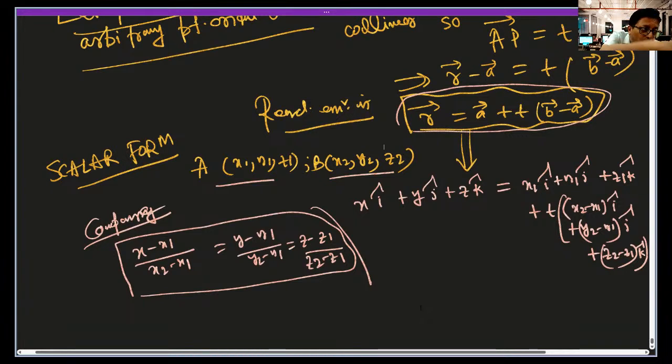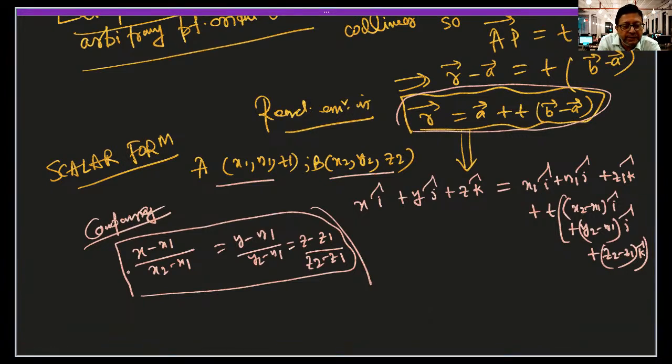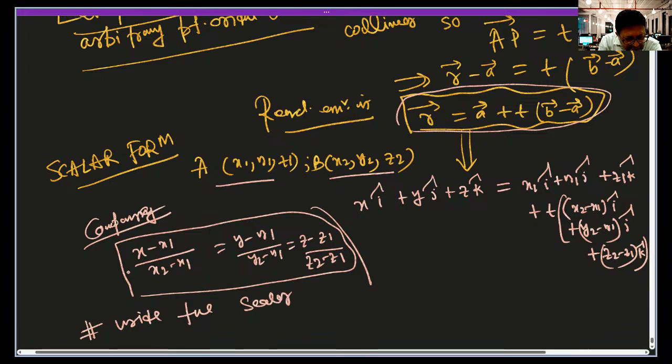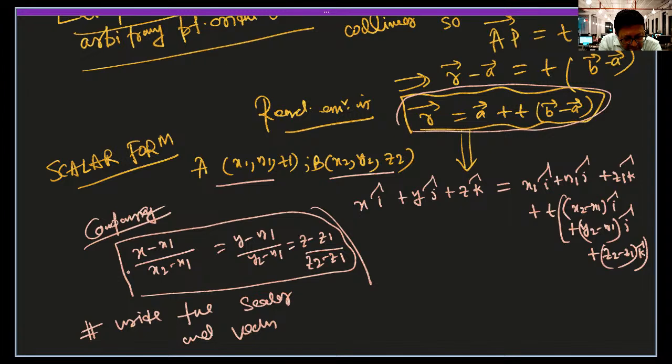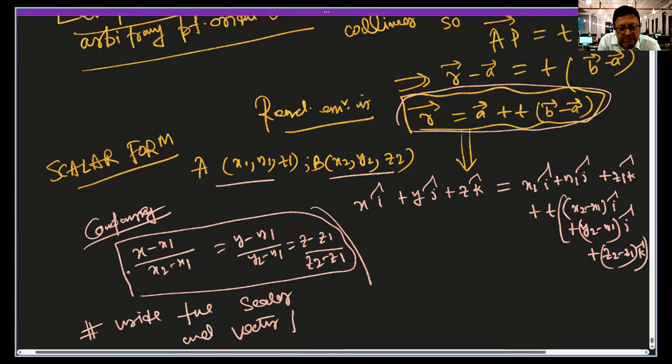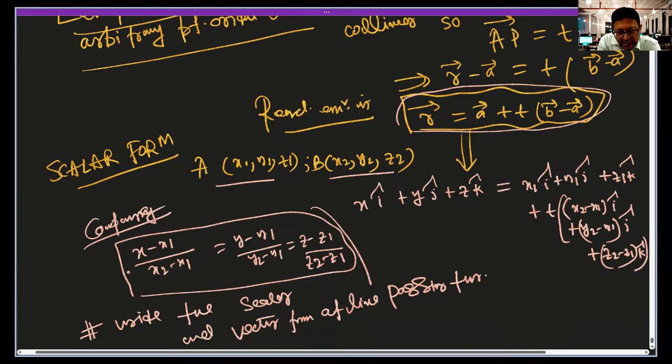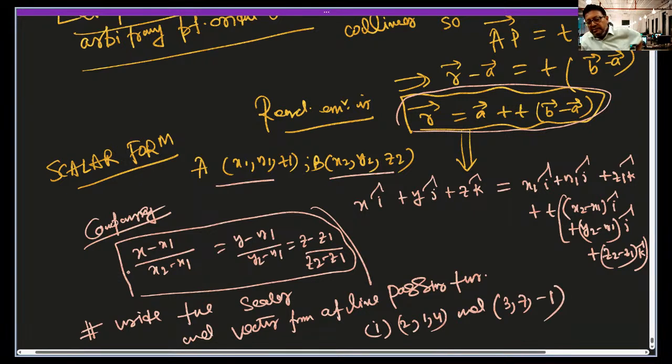Solve one problem where you have to write both scalar and vector. Write the scalar and vector form, or as you like, of the line passing through (2, 1, 4) and (3, 7, -1). Do this one.